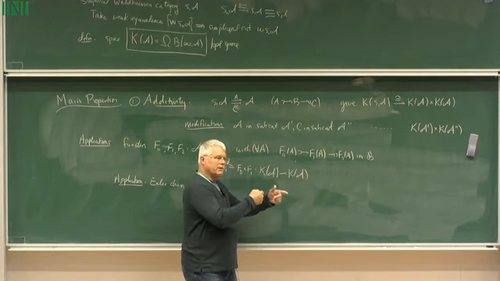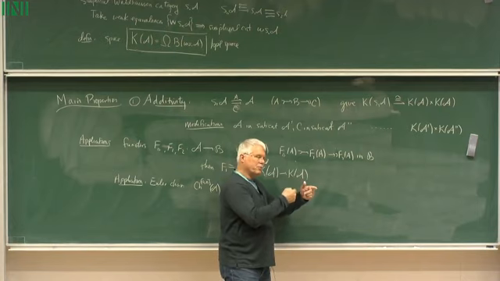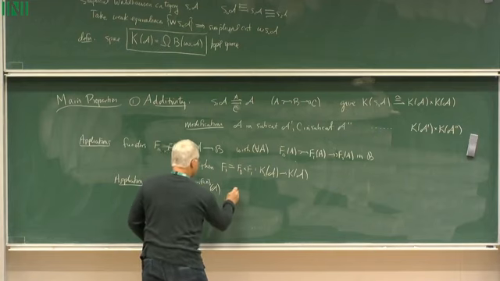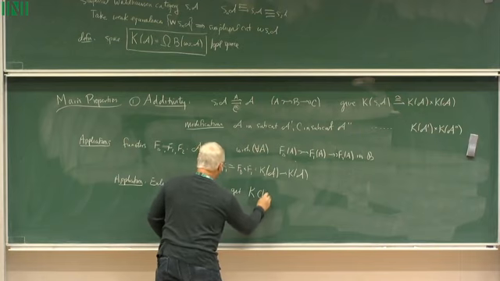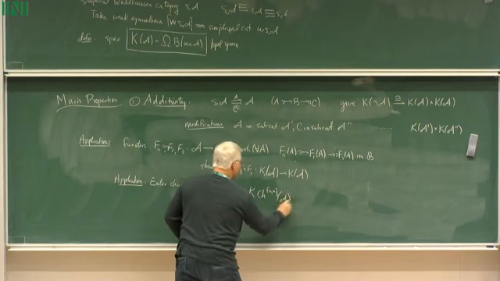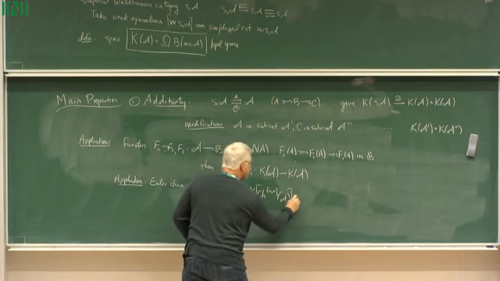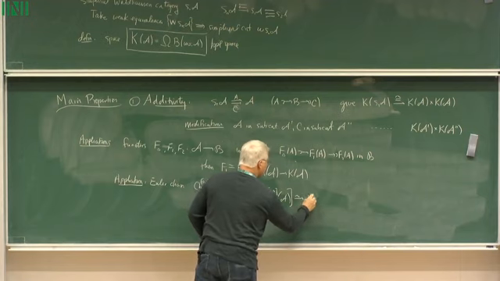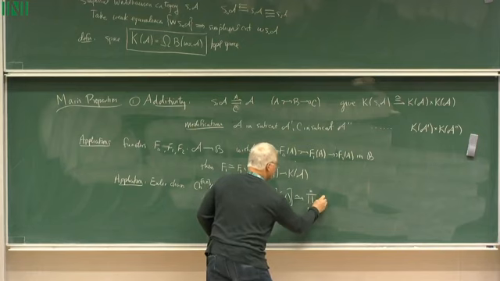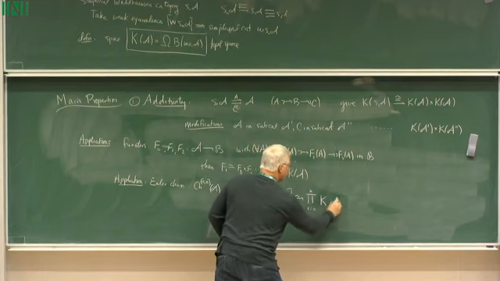Then I can strip off the next guy, and then I get complexes which go from 2 to n, and so on. And what you get is that the K theory of this category of chain complexes from 0 to n of A is the product from i equals 0 to n of the K theory of A.